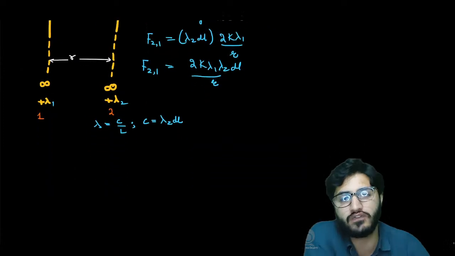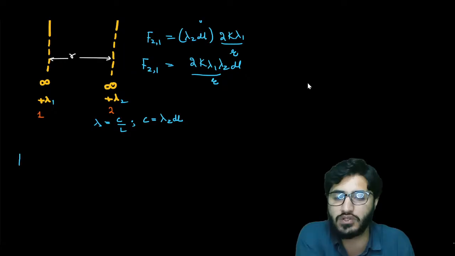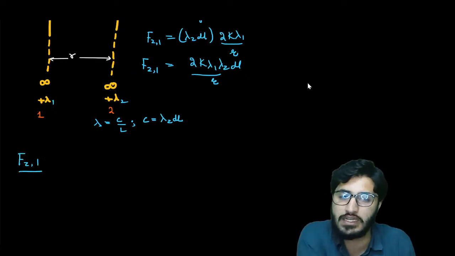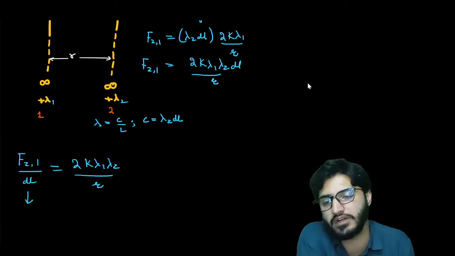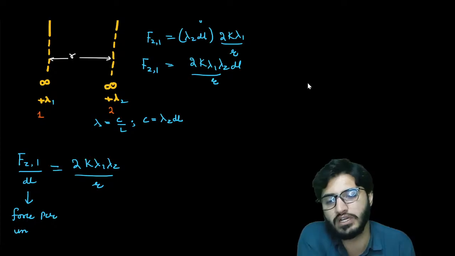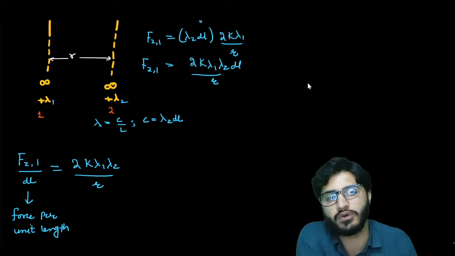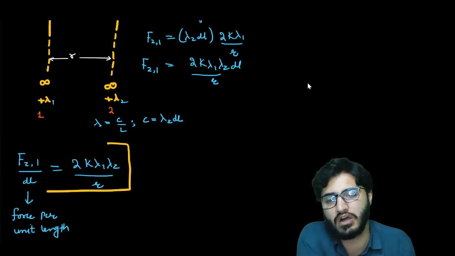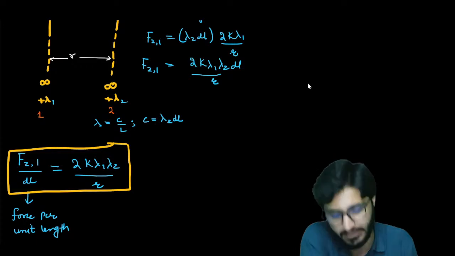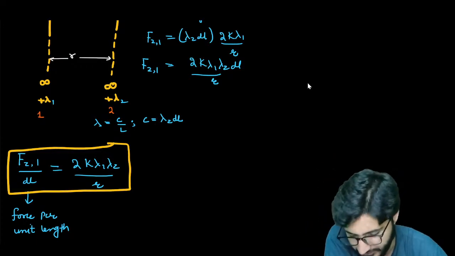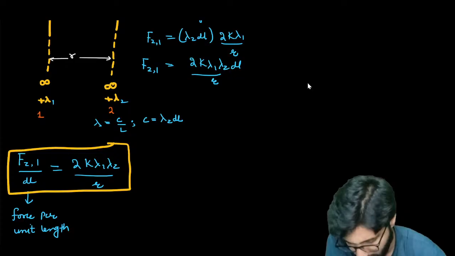Force on 2 due to 1 divided by dl becomes 2kλ1λ2/r. This represents the force per unit length. This is how you need to manipulate this numerical. Easy, no? This one is very easy.